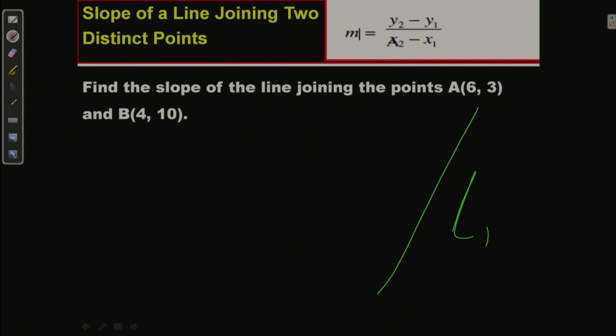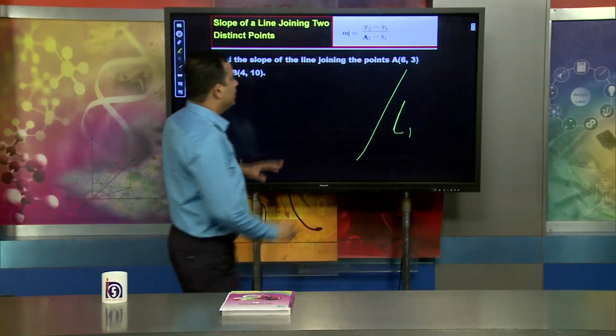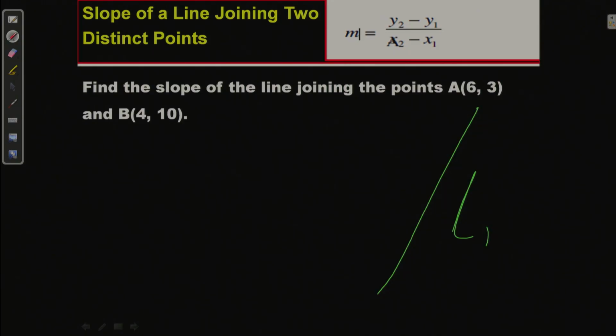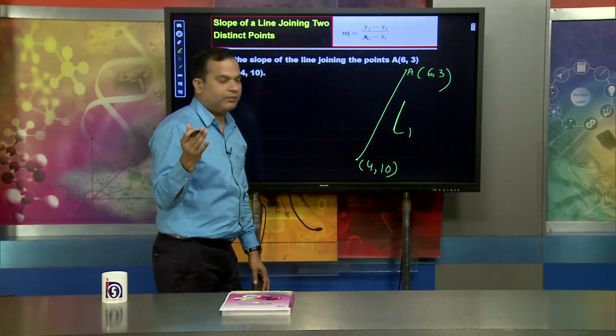We have two end points of the line. Suppose the coordinates of this end point A are 6, 3 and the other is 4, 10. And there is a formula we have to use.